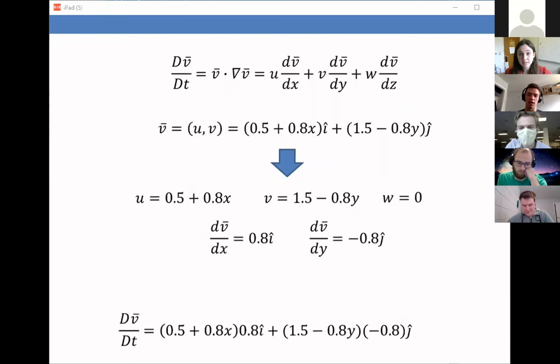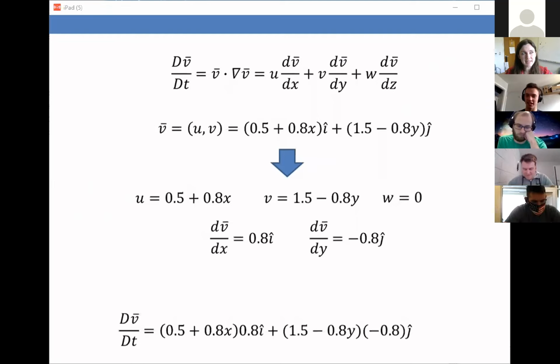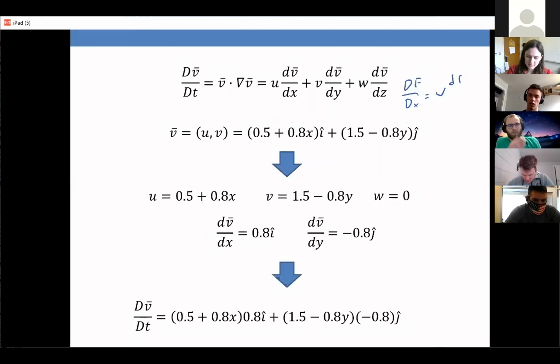Yeah, something like that. I think df/dx would probably be just u, if you were trying to find df/dx like that. I think that's not the capital. What was I talking about? Yeah, if you're trying to find that, I think it would just be u, the x component of the velocity, times df/dx.